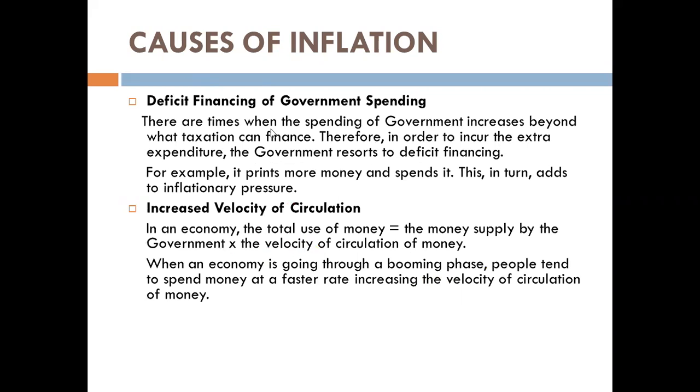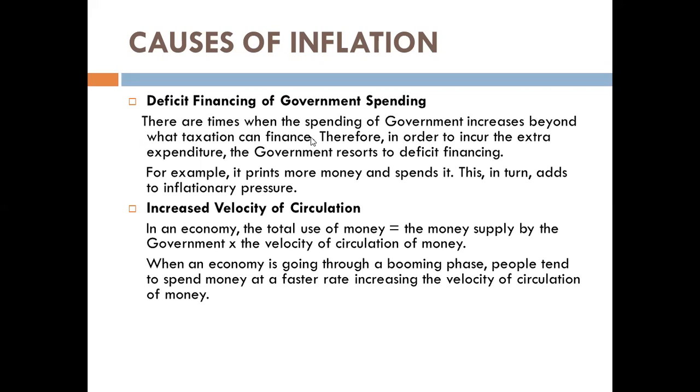Next part is deficit financing of government spending. There are times when the spending of the government increases beyond what taxation can finance. Whatever money they generate through tax, sometimes the government finance will be reduced when they spend extra money in the nation.